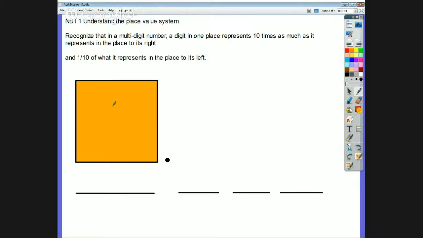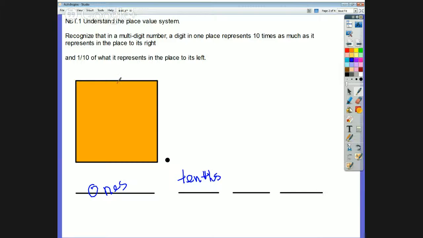Let's assume for a moment that this square represents the ones place. The decimal point is here, and we know that this place is going to be the tenths place. Pardon my handwriting. Let me illustrate it this way.